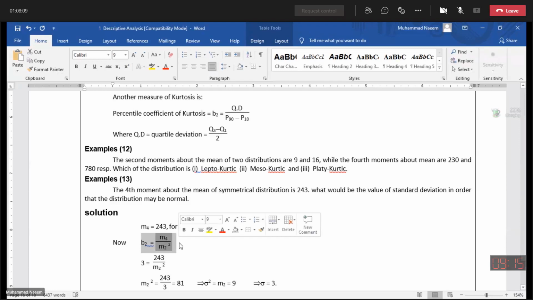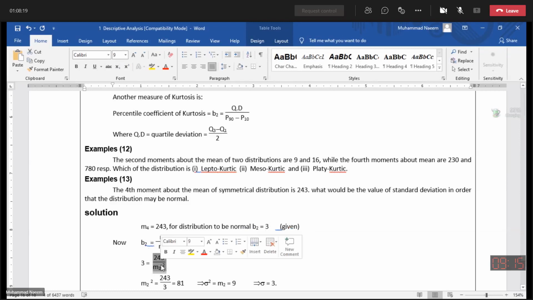This is the formula for B2, and this is equal to 3. We need the distribution to be normal. Normal means mesokurtic. So the value of B2 must be equal to 3.